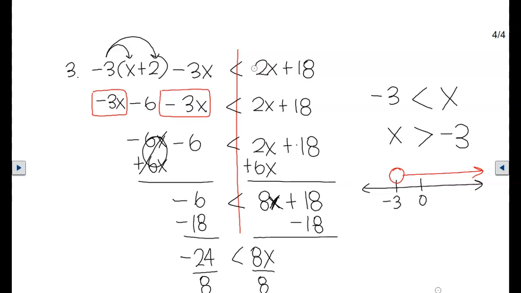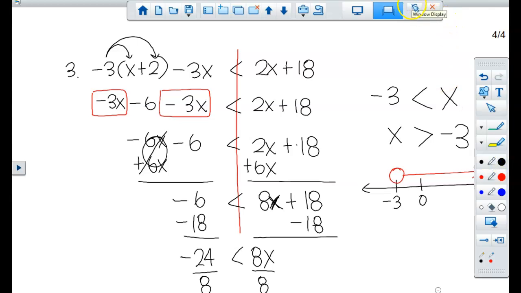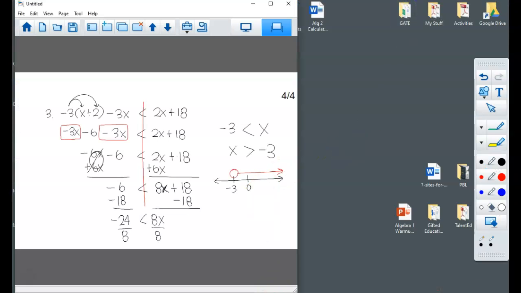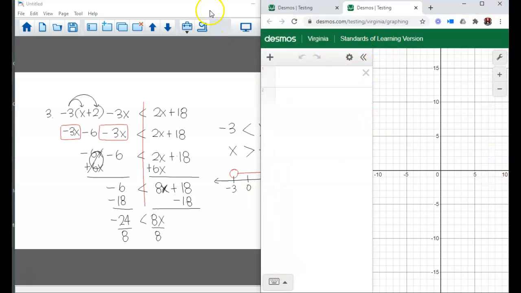So, same 5 steps that we were using when we were solving multi-step equations, but we do have to remember at the end the flippers and the floppers. Now, again here, let me just remind you that you could also put these on your Desmos calculator.